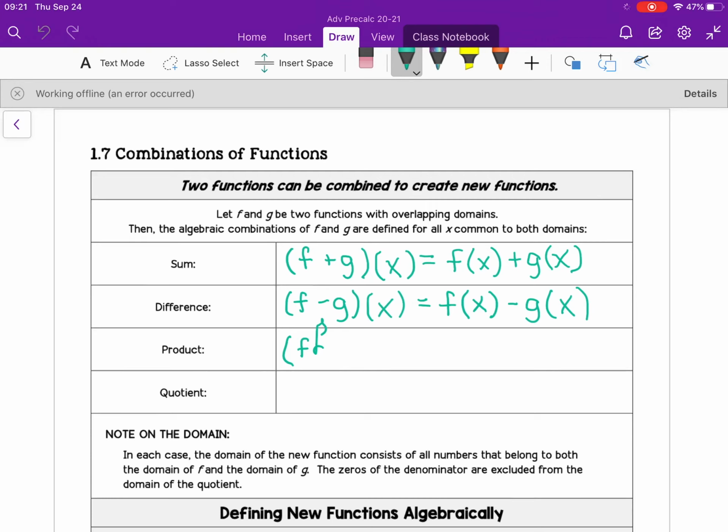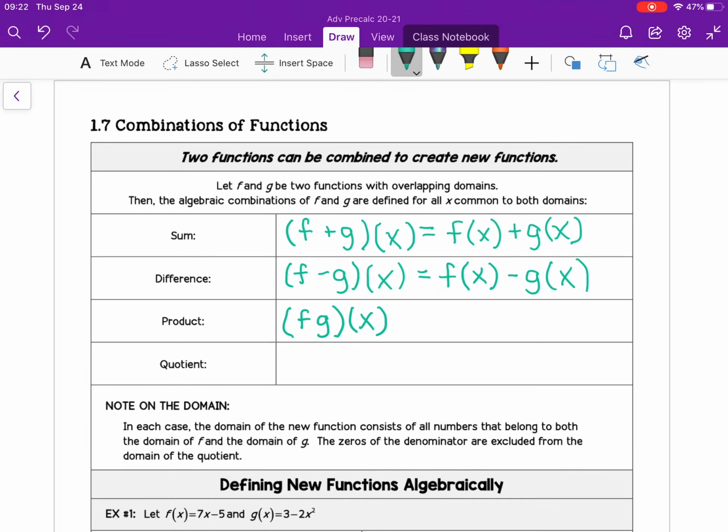For product, there's a couple ways to write it. If they're just side by side, that means multiplication. Just like you write 5x means 5 times x, same idea there. I have seen worksheets that put the little x multiplication symbol there.